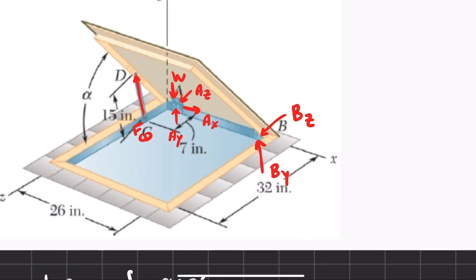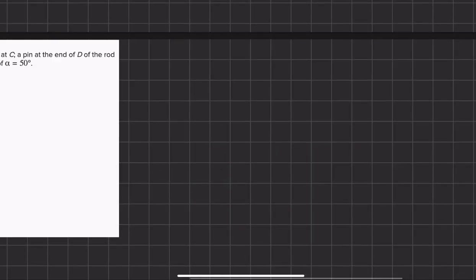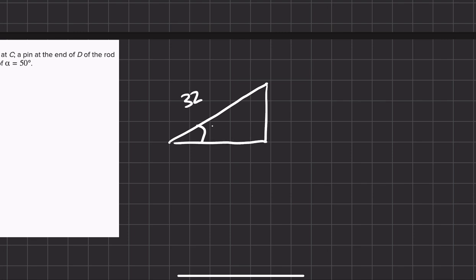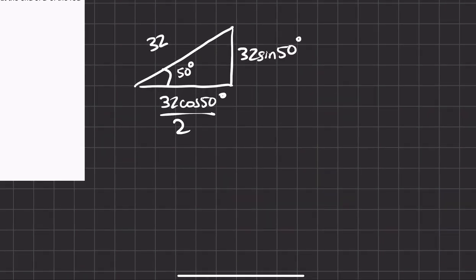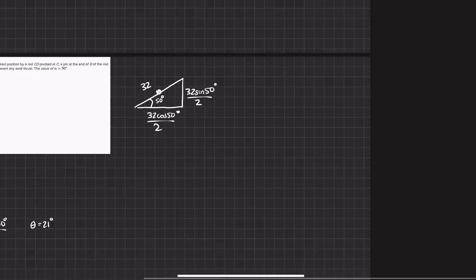We know that G is going to be half of this right here, so 13 inches this way. This is the hypotenuse, so you can break that up into a triangle like this. It's 32 inches long. This is our 50 degrees. You basically can do 32 cosine of 50 and 32 sine of 50, and then you divide these values by 2 to get its halfway point.